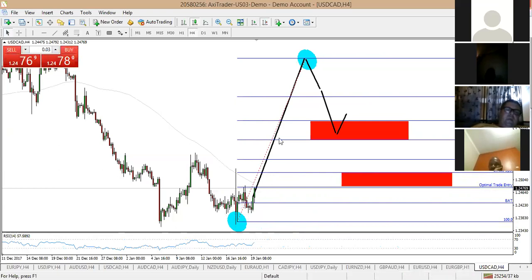Oh, okay. In this example here, I was just making an example, like if the market went up here and turned here.